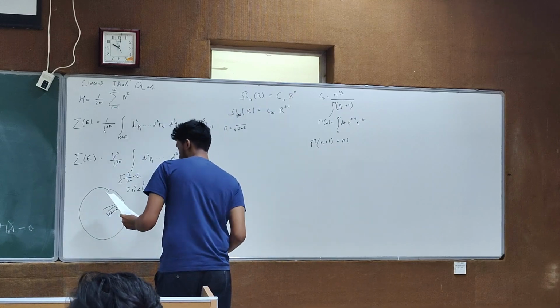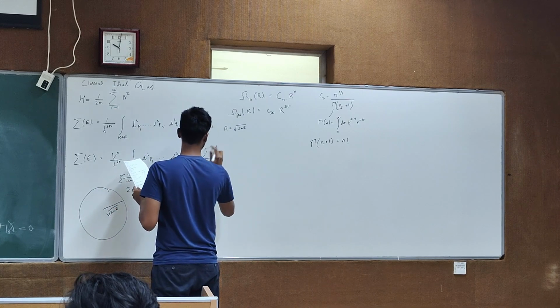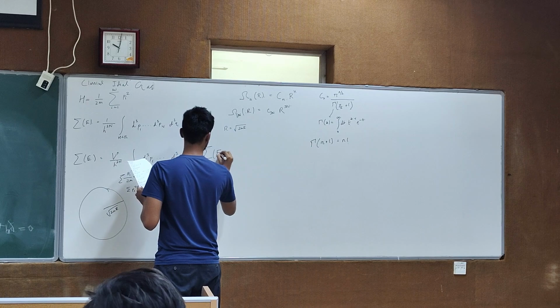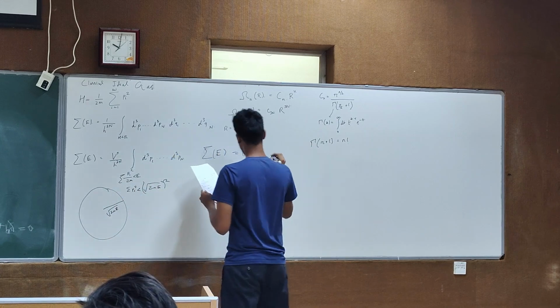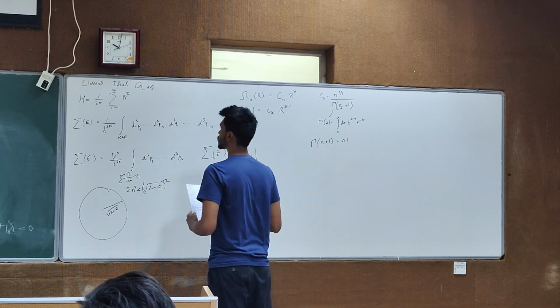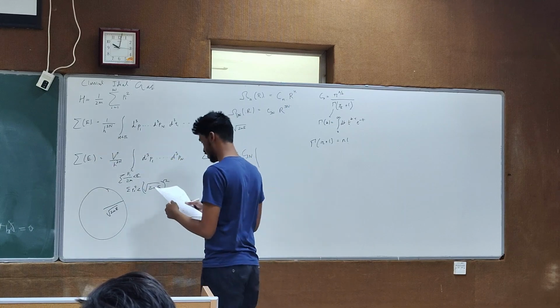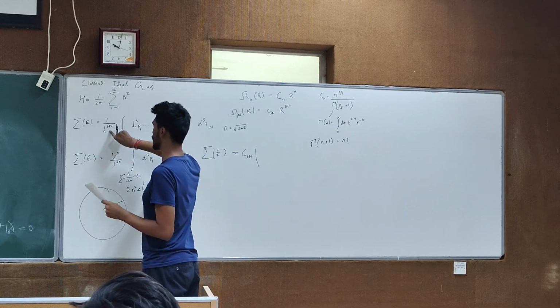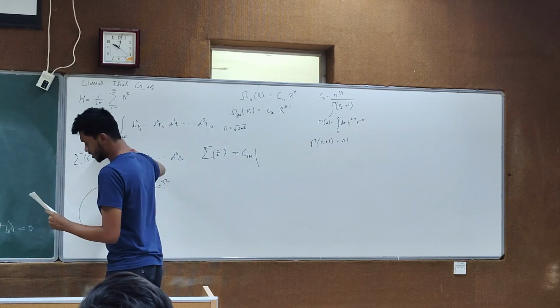So finally our sigma of E turns out to be this. So I've taken this h to the power 3N over here. Okay, so this is Planck's constant.